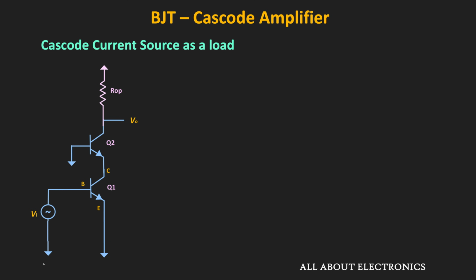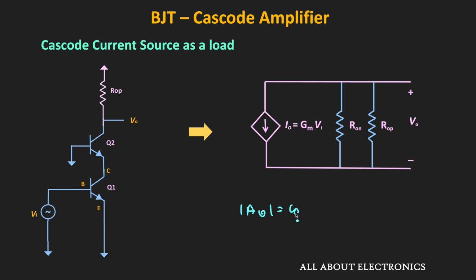So from this we can say that the overall voltage gain of this amplifier is equal to gm times this RON in parallel with ROP, where the RON is the equivalent output impedance which is seen through the NPN cascode amplifier, while the ROP is the output impedance of the PNP cascode current source.